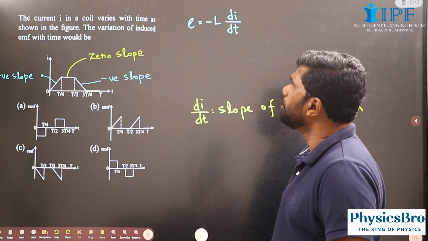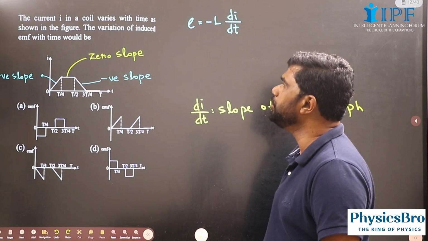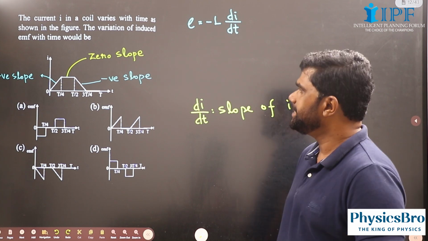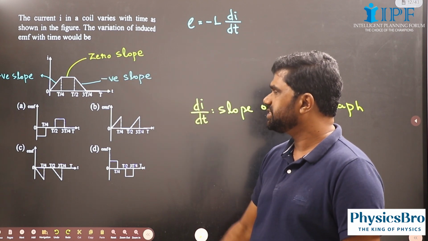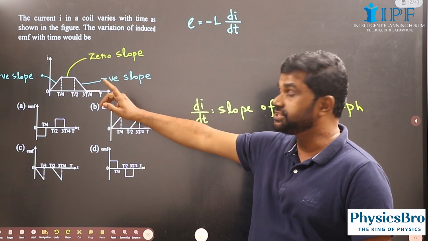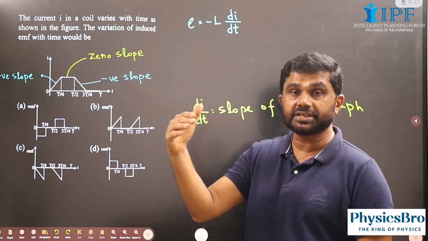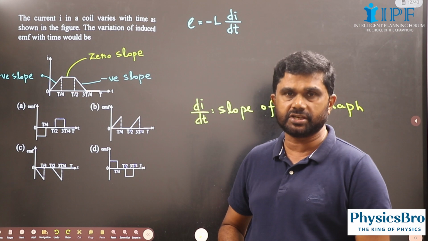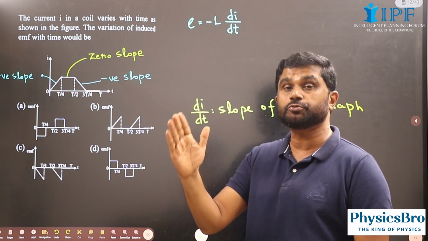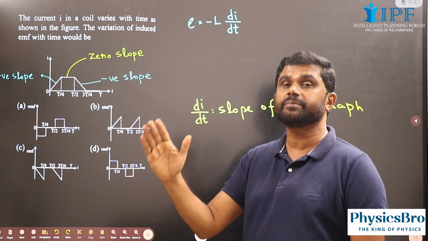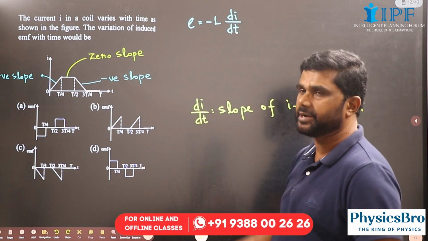The current I in a coil varies with time as shown in the figure. The variation of induced EMF with time would be? See, the current versus time graph is given, and it is plotted from 0 to capital T. That time 0 to capital T is divided into 4 equal intervals: 0 to T by 4, then T by 4 to T by 2, then T by 2 to 3T by 4, and 3T by 4 to T. Okay, see, induced EMF is minus L into di by dt.